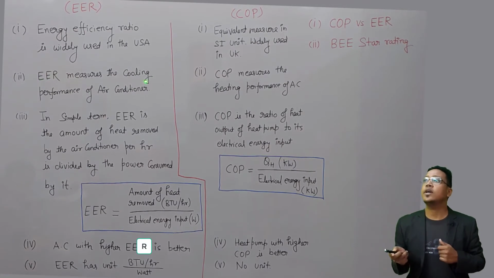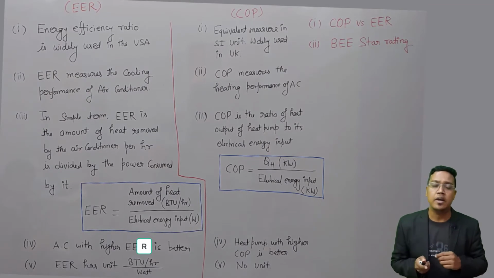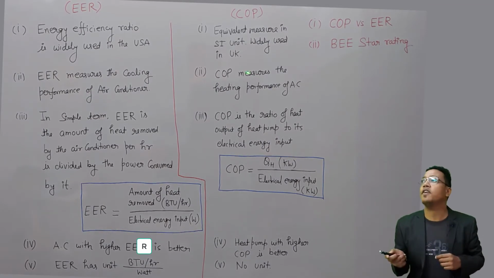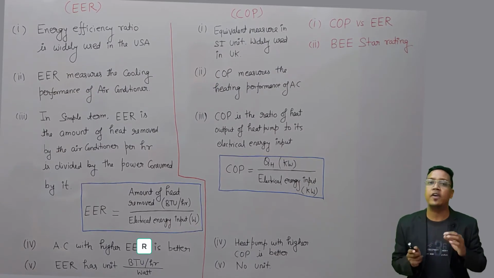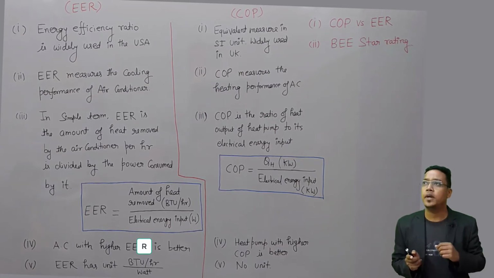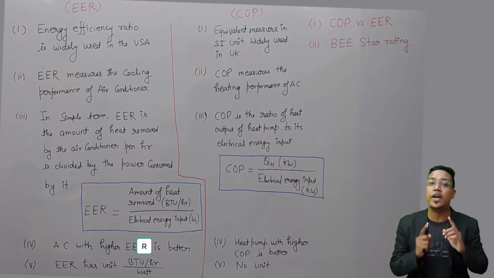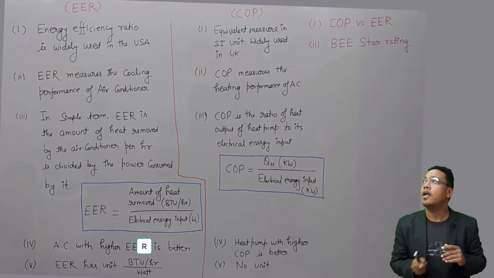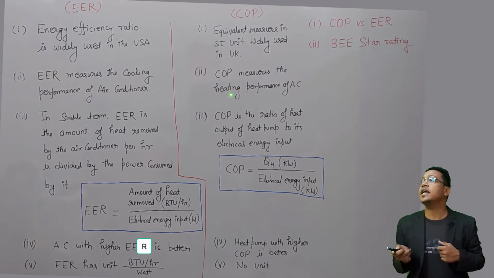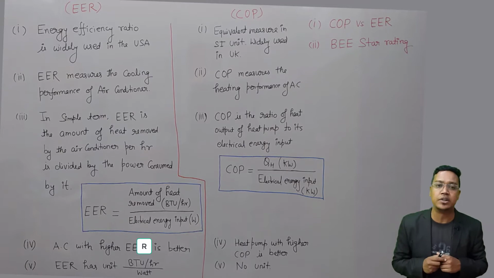EER measures the cooling performance of air conditioning. This is the most important difference between EER and COP. EER measures the cooling performance of air conditioning, remember. And COP measures the heating performance of air conditioner.